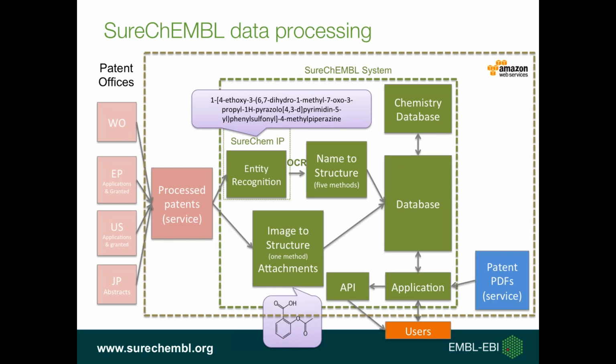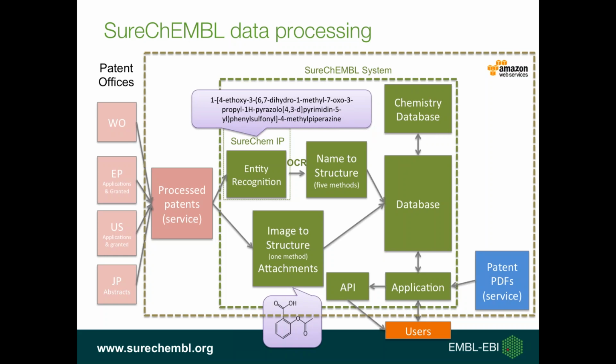So the data is aggregated, and then there is the automated entity recognition software which will scan the full text of the patent document, and it will try to identify chemical entities in the text. And then we use 5 different name to structure tools that will try to convert these chemical entities to the corresponding chemical structures, which will then be stored in a database.